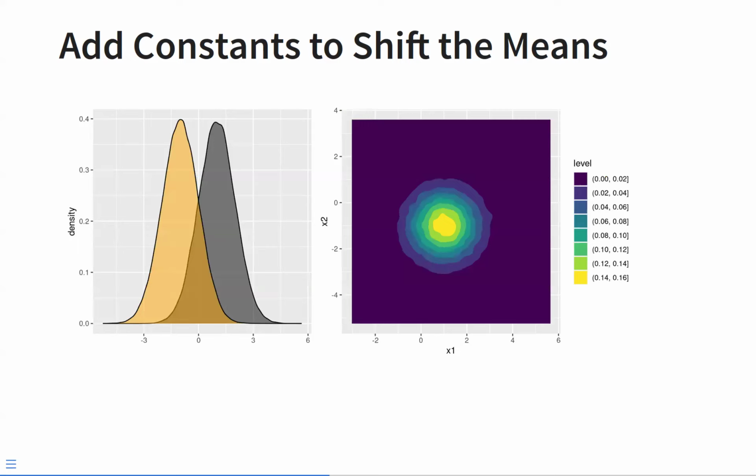And as you can see, we have successfully shifted the means. So this orange distribution is now shifted to have its center at -1. And the gray one is shifted to have its center at +1. The contours that we saw before, those sort of roughly circular but slightly wonky contours, have likewise shifted. So now the peak of the density is at the point 1 on the horizontal axis and -1 on the vertical axis.